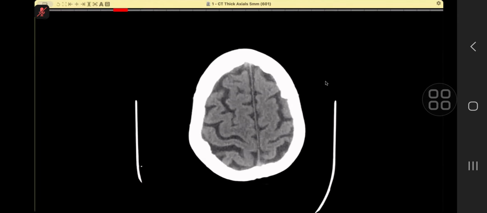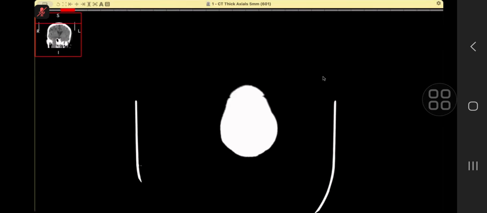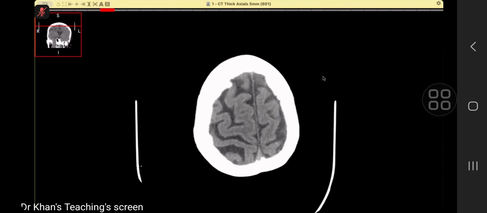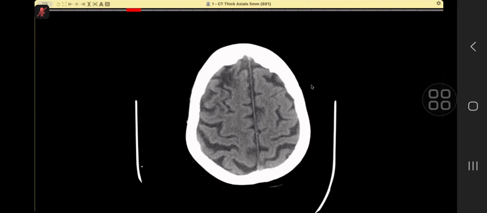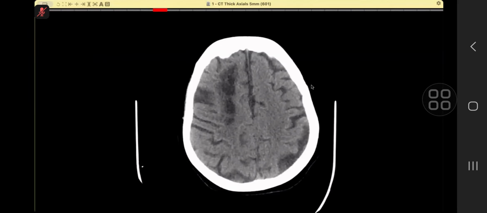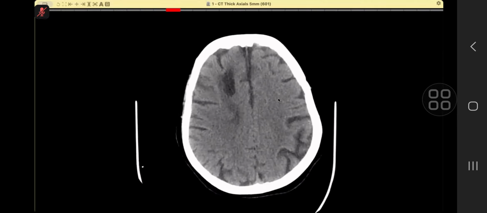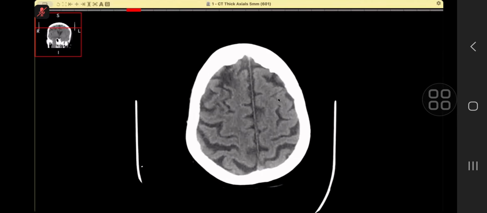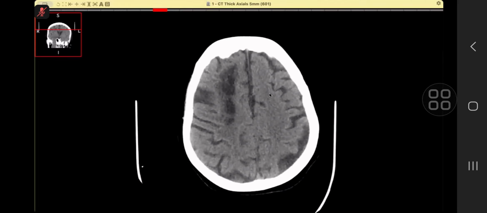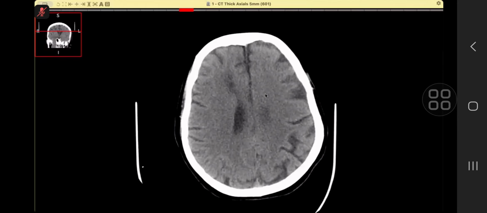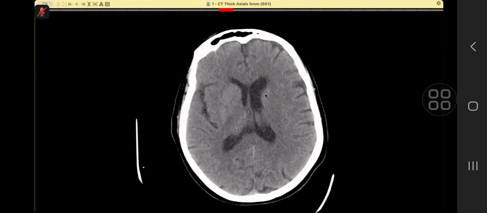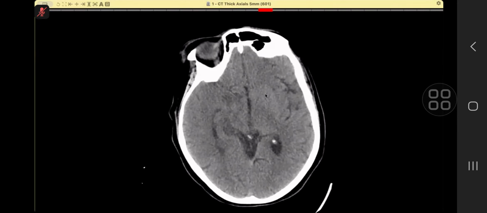Okay, these are non-enhanced CT head axial sections of a 70-year-old patient who came from overseas with history of previous stroke. I'm scrolling from top to bottom. I can appreciate that there is an old infarct involving the right frontal region, frontoparietal region top. Now I'm going down.